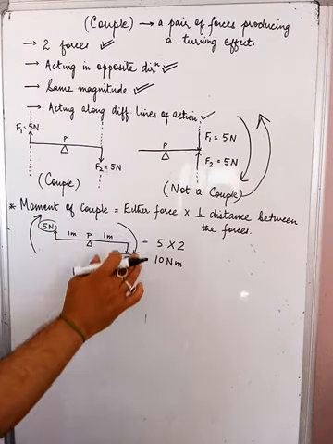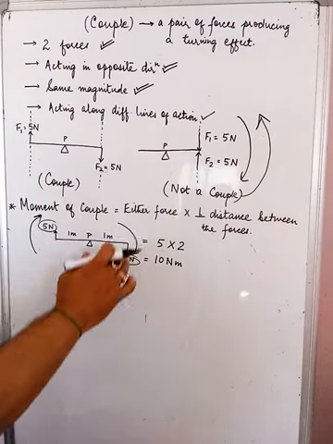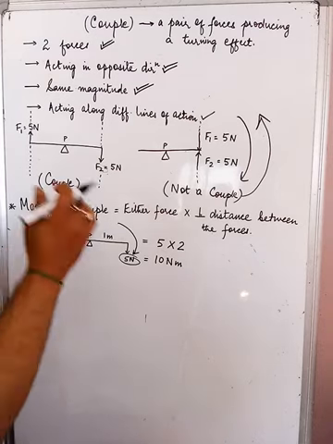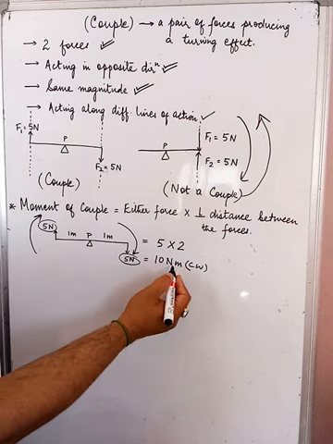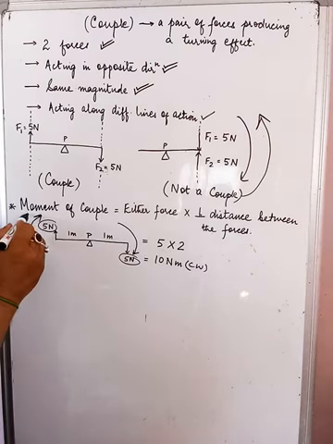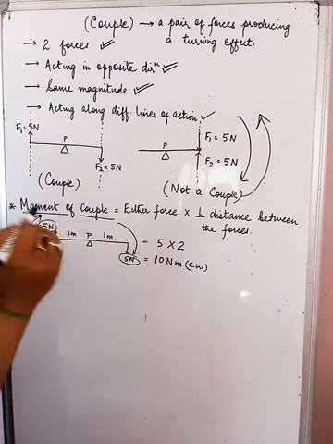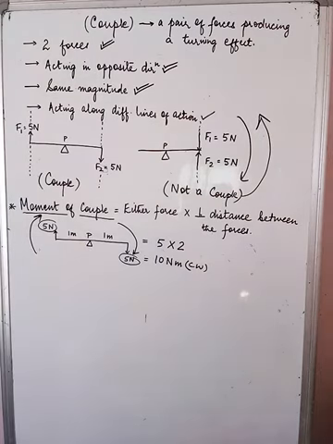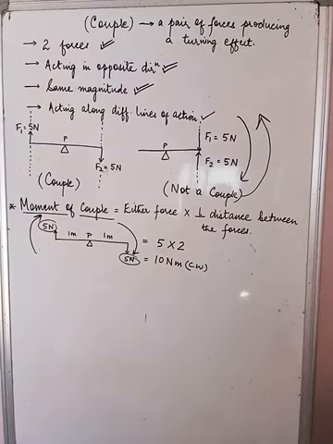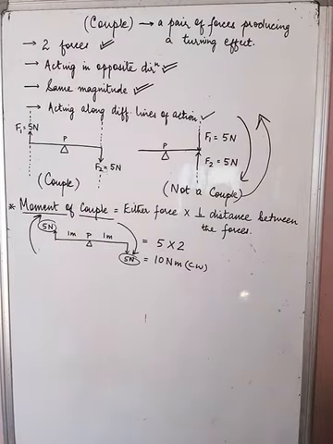So these two forces are helping each other in providing a clockwise direction of moment. So you will write clockwise: 10 Newton meters clockwise. This is the moment of this couple about the point O. I hope you have understood the units as well as the directions.